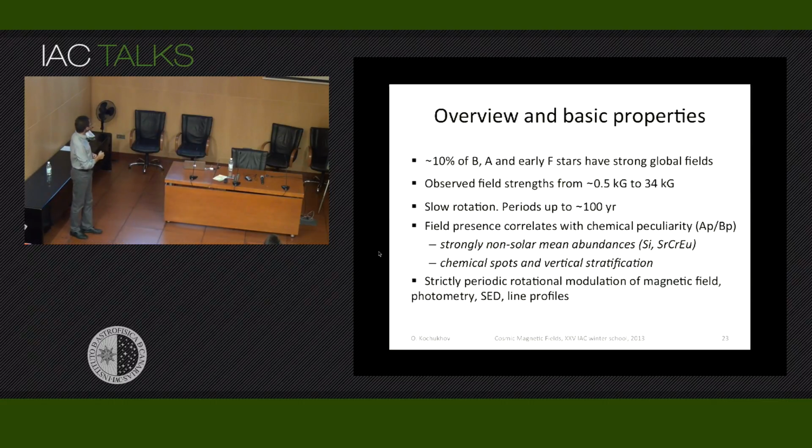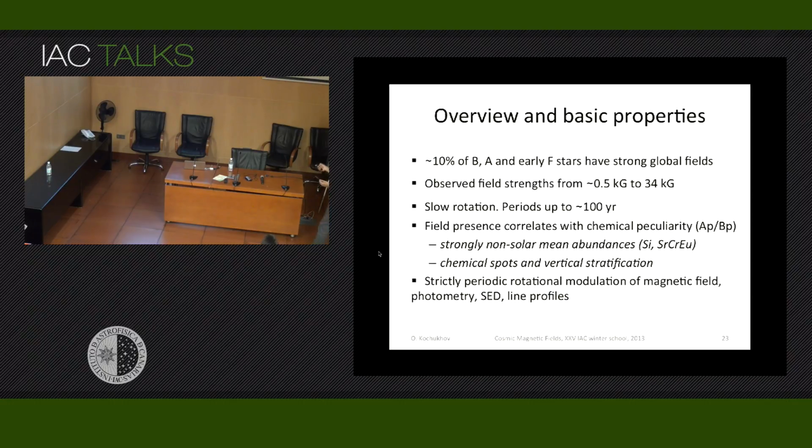And there is also a correlation between the presence of the field and a certain property that for these types of stars is serving as a proxy of magnetism. So for cool stars, you could say that cool spots are proxies of magnetic fields.